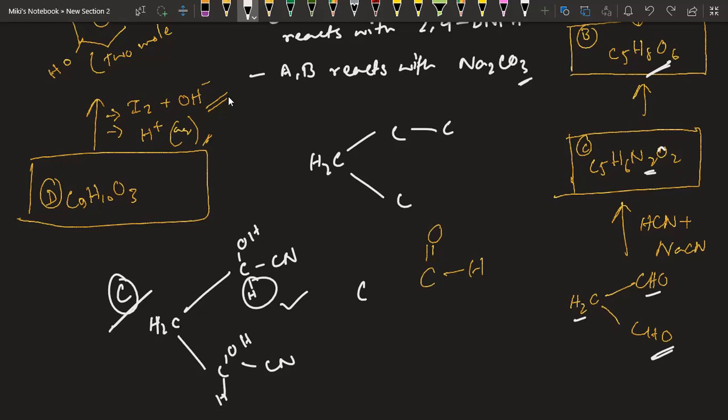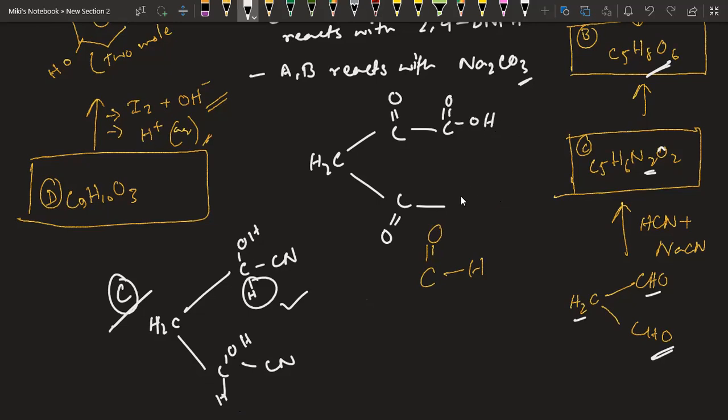Now, in the molecular formula given to us, there are 6 oxygen. So if we oxidize this, it forms one C double bond O, that means a ketone is formed. Also here a ketone is formed, because the same pattern follows. Now about the cyanide, if we do acidic hydrolysis, we can get a carboxylic acid here.